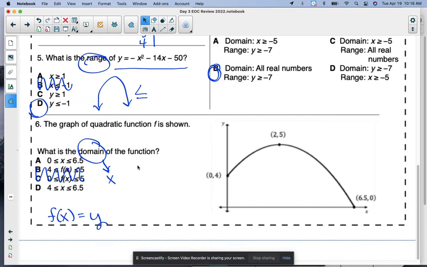So here, since there's a lot of numbers, you can organize this into a table. So we have 0, 4, 2, 5, and then 6.5, 0. So we're looking at it going from least to greatest. So 0 to 6.5, which is A.